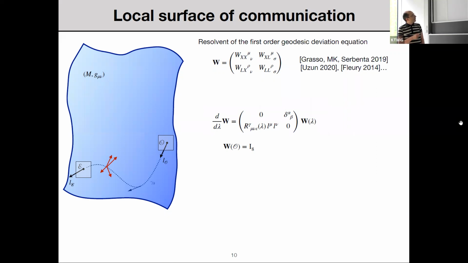What gives the mapping between the initial data and the solution at the given point is exactly this big matrix W, and it satisfies the resolvent equation, which contains the curvature. This equation is here written in some kind of parallel propagated frame. I don't care what it looks like. So basically, initially it has to be a unit matrix, and then here you have a matrix made of the unit matrix and the curvature tensor.